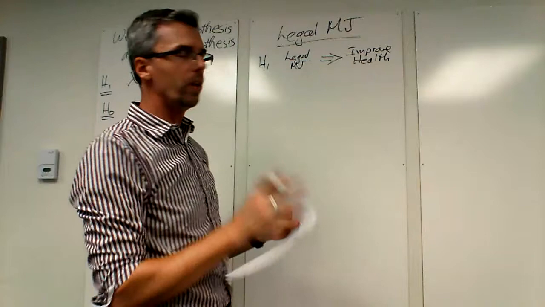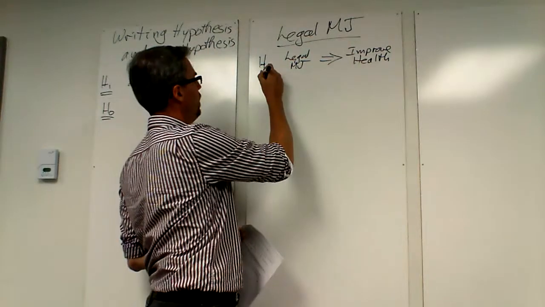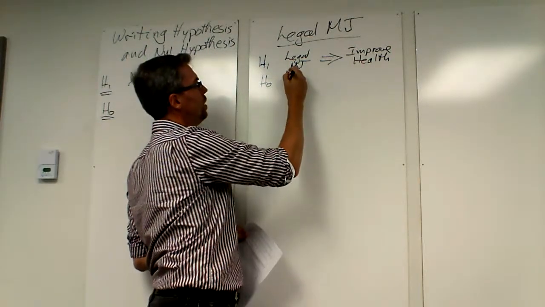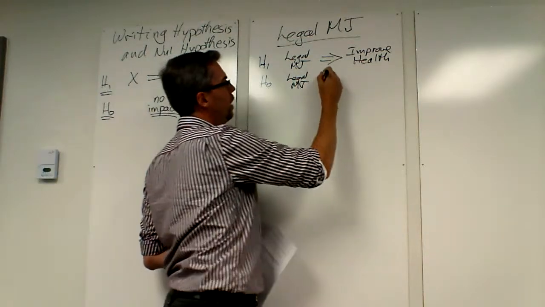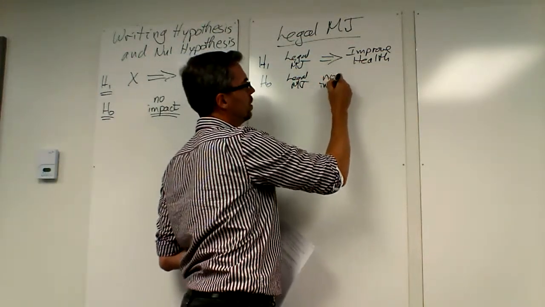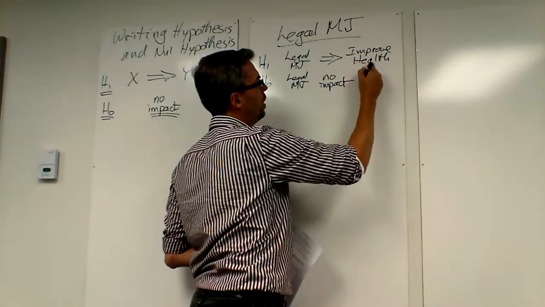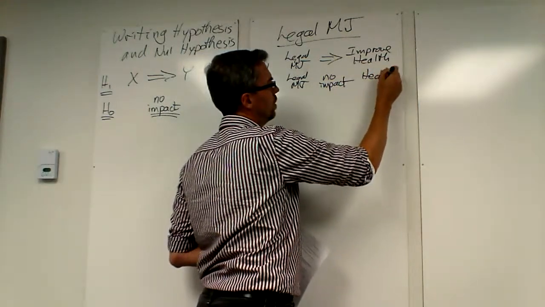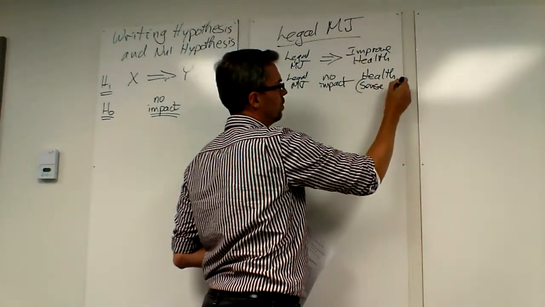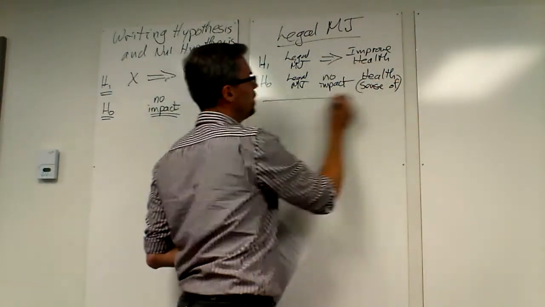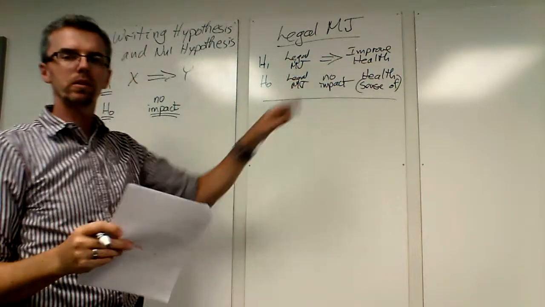That's a hypothesis. How do you state the null hypothesis of that? So H0 would be legalizing marijuana will have no impact on health or sense of health. Okay, that's H1 and its null hypothesis.